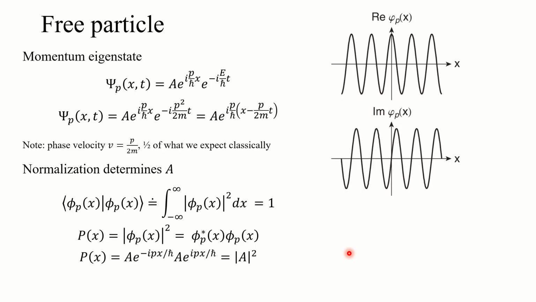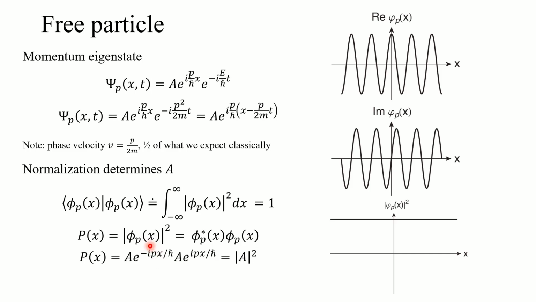But there's an issue with this. If we look at those wave functions, the real and the imaginary part of this momentum eigenfunction, and we multiply this probability density together and look at it as a function of x, because we're going to be integrating this over all x, we see that it is actually a finite value everywhere in free space, right?